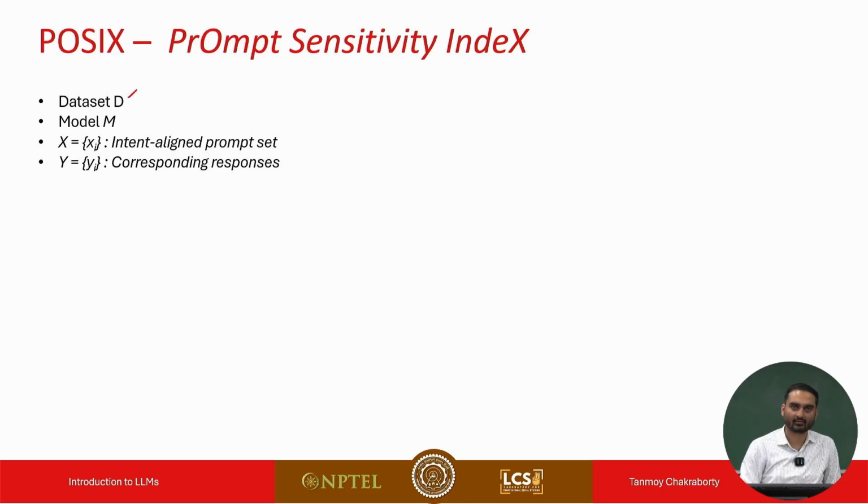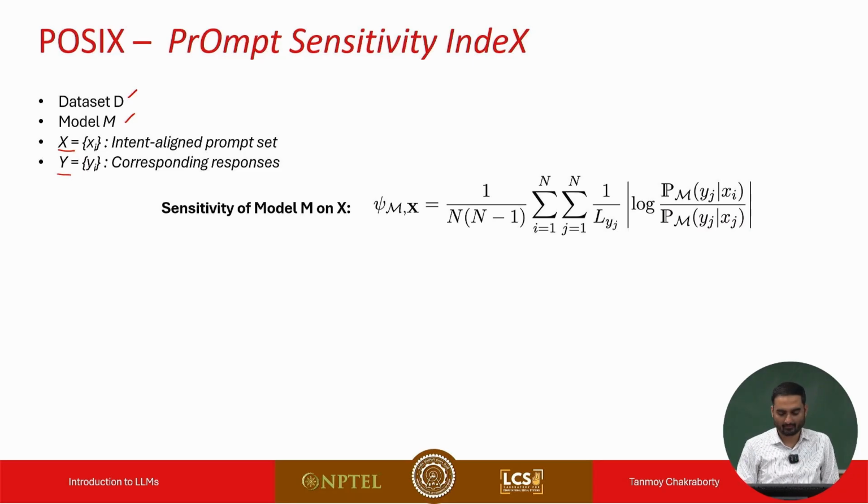You are given data D, you are given a model M, and you have different intent preserving variations of the prompt, which is denoted by the set capital X, and the corresponding responses for the different prompts is Y. Sensitivity of the model M on these different variations X is captured by, look at only this part.